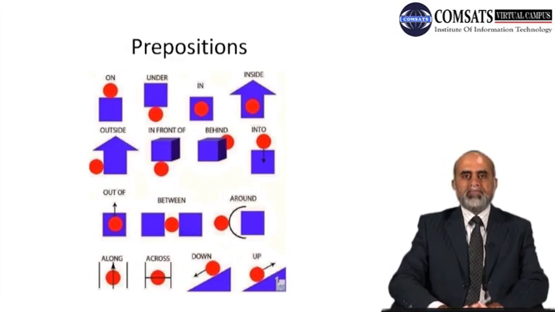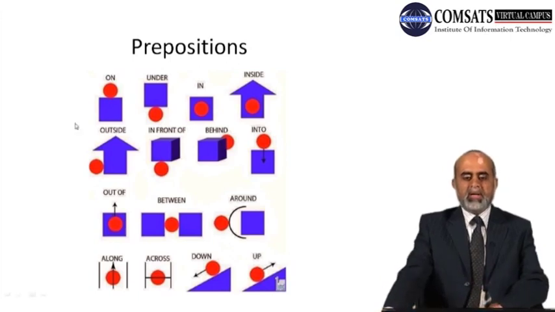Well, probably you are already familiar with prepositions, but just a quick recap. If you look at the picture here, you have a little red ball lying on top of a square. And what preposition do we use for it? On. So we'd say the ball is on the box.